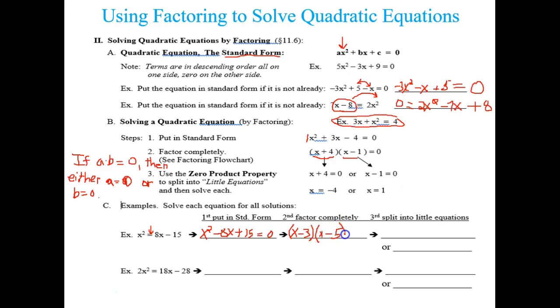But we're not ready to say what x is yet. We're just saying that I can factor this trinomial into these two binomials, and then it equals 0. So now we can split this up into two little equations. I can say either x minus 3 equals 0, or I can say x minus 5 equals 0.